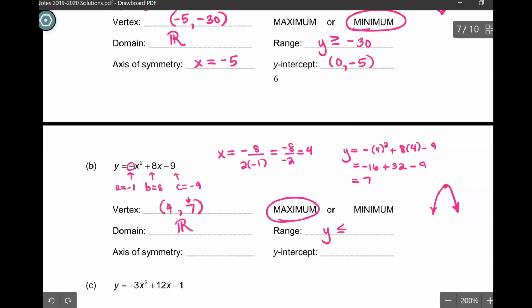The y coordinate of my vertex, which is 7. Axis of symmetry, x equals negative b over 2a, which is my x coordinate of the vertex, which is 4. And finally, the y-intercept is going to be 0, comma, what is my value of c? It's negative 9.